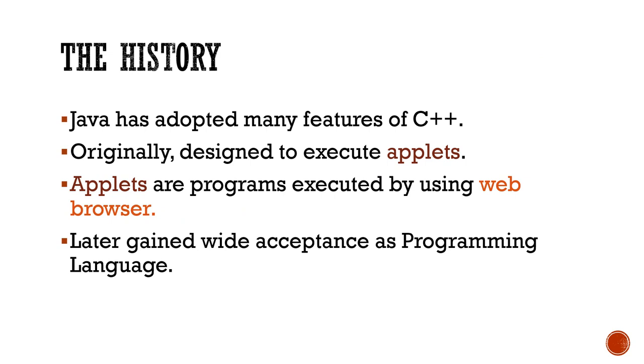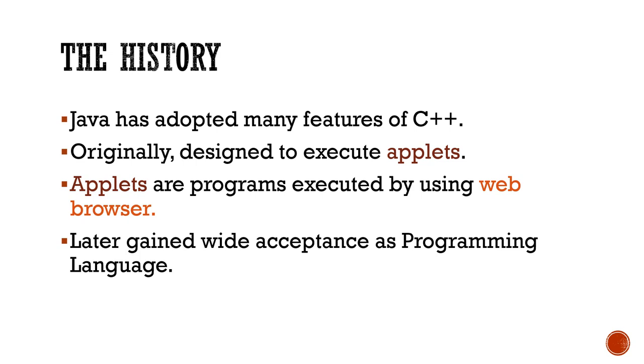Java has adopted many features of C++. Since it is an object-oriented programming language, most of the features are taken from C++. It was originally designed to execute applets. C++ is already an object-oriented programming language, but they developed Java to execute applets, as they needed a separate language to run in a web browser.